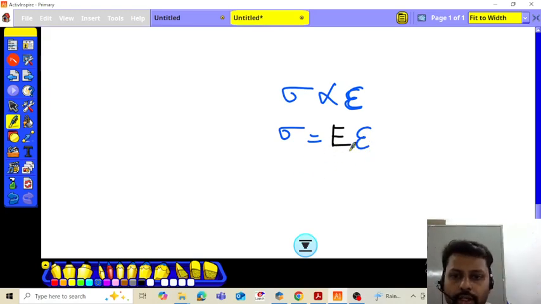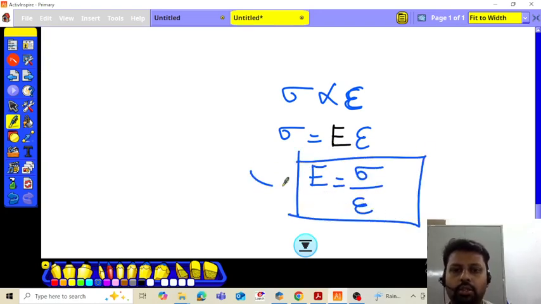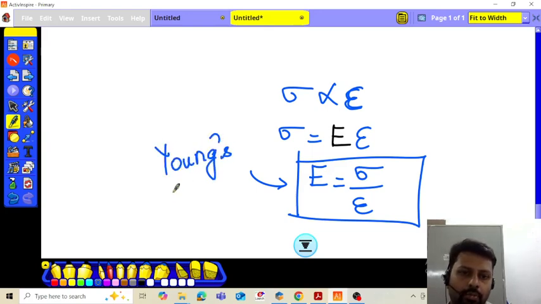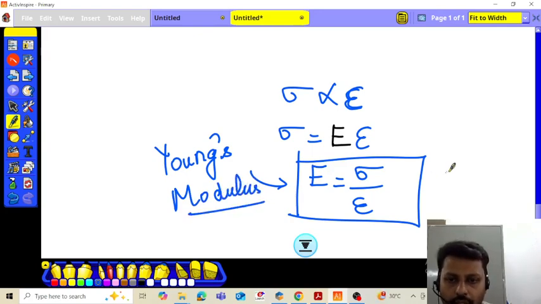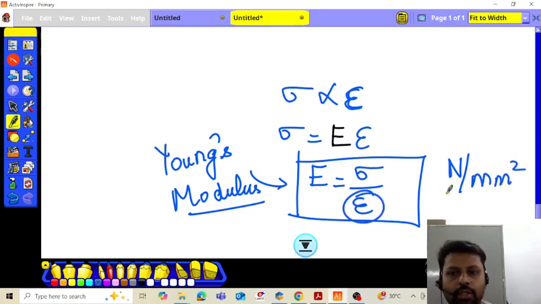So if I rewrite this again, E is equal to stress by strain. This is called Young's modulus. And the unit will be Newton per mm squared, because strain does not have any unit, and stress has a unit of Newton per mm squared, right?